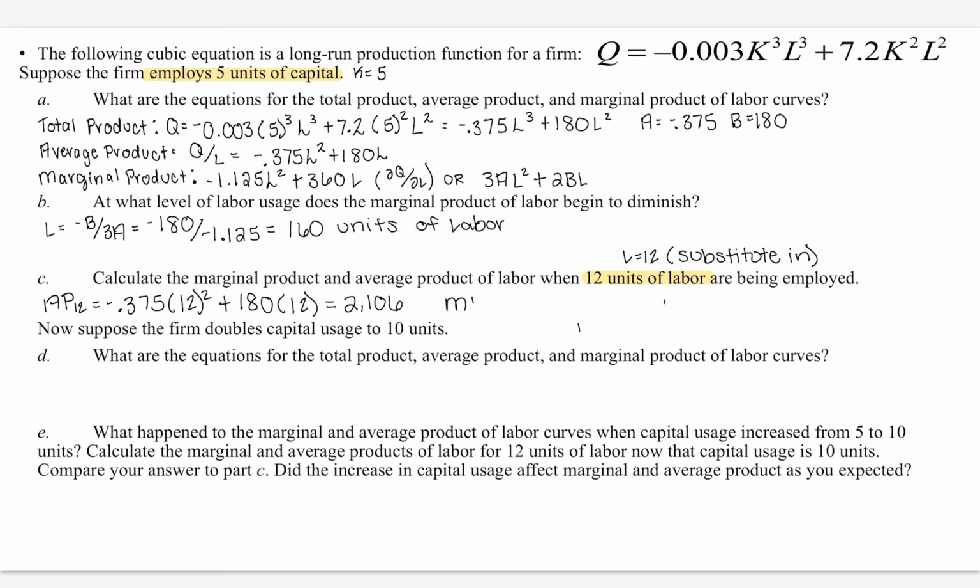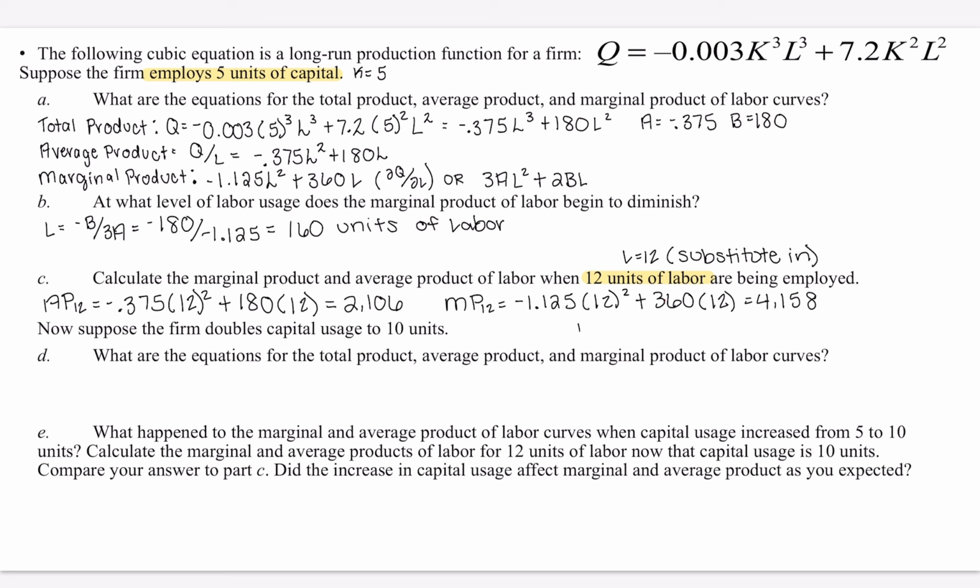And then our marginal product at 12 is going to be negative 1.125 times 12 squared plus 360 times 12, which is 4,158.